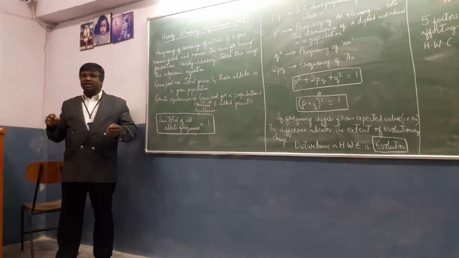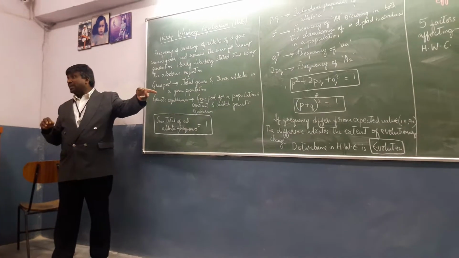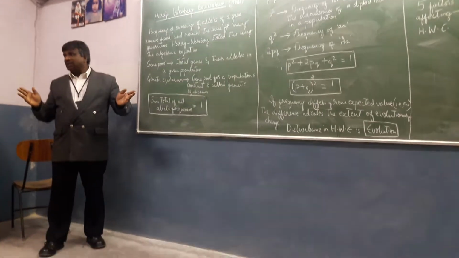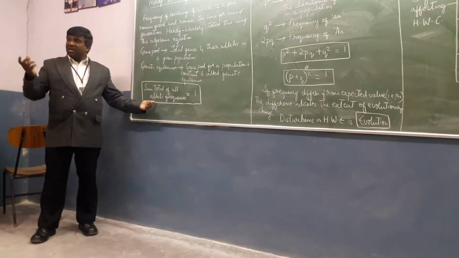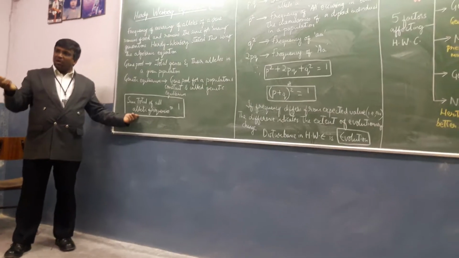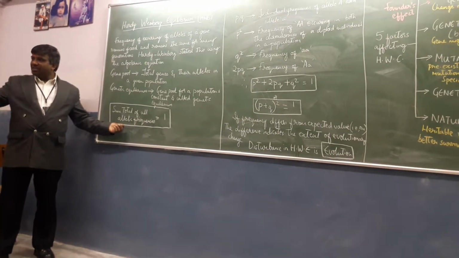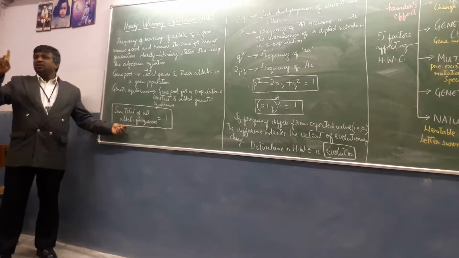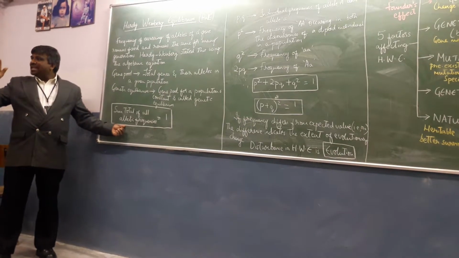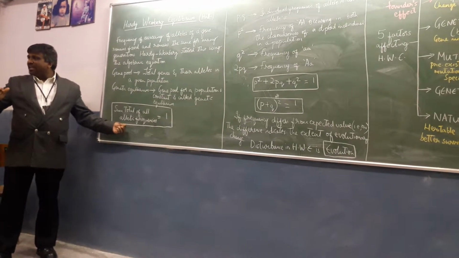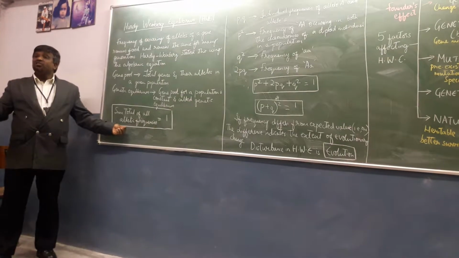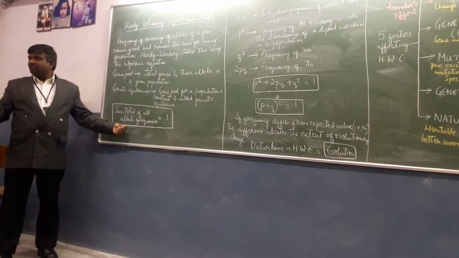That is completely different. Binomial equations we are going to convert them into. Now, you have understood up to here: the sum total of all the allelic frequencies occurring within a population is equal to 1. That is nothing but an equilibrium exists. 1 indicates the existence of a genetic equilibrium.